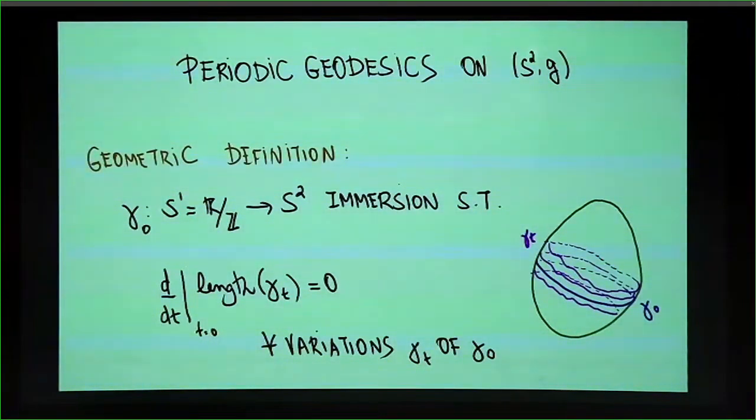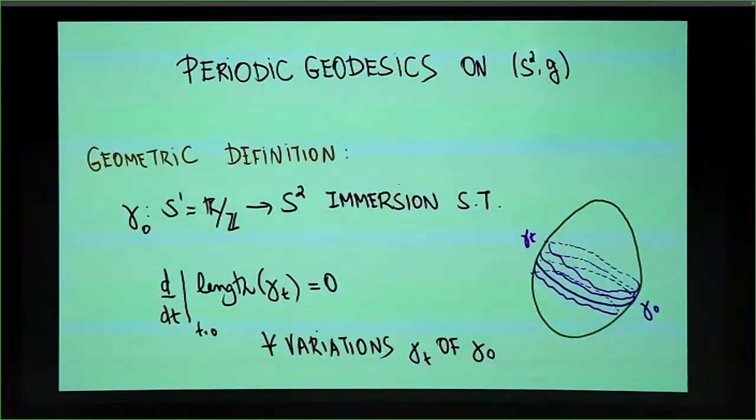I'm going to consider it as a map from the circle to S2, that is an immersion, and has this funny property here. So think of this blue curve as gamma 0. So this is a curve that belongs to a one-parameter family of curves, gamma t. So gamma t is varying the curve gamma 0.